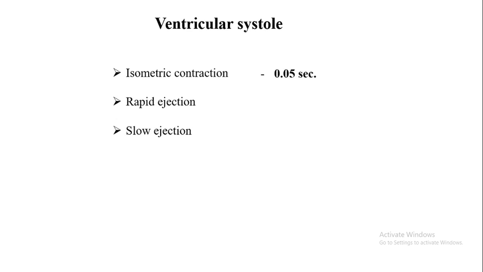After the isometric contraction period, the intraventricular pressure rises above the aorta and pulmonary aorta pressure. As the ventricular pressure rises, immediately the blood starts rushing into the pulmonary aorta and systemic aorta.